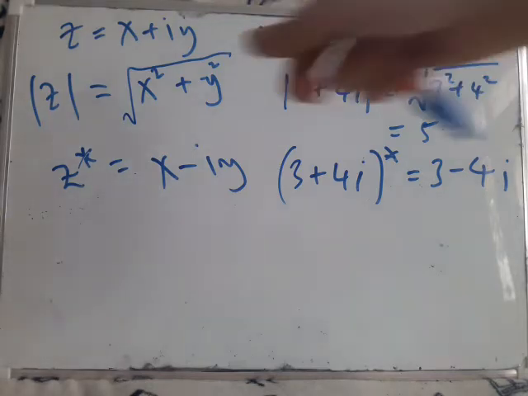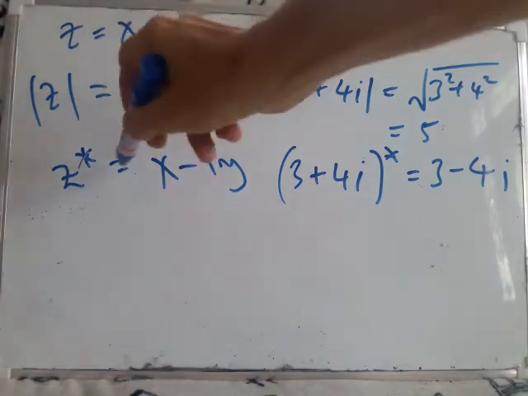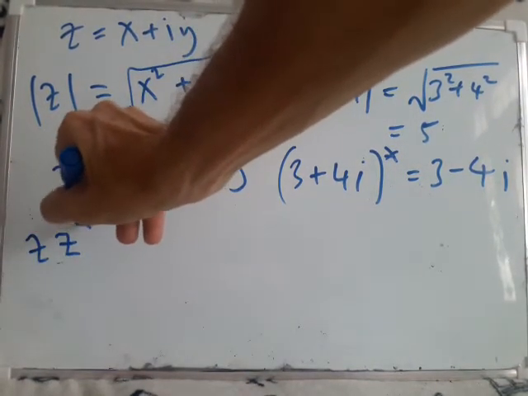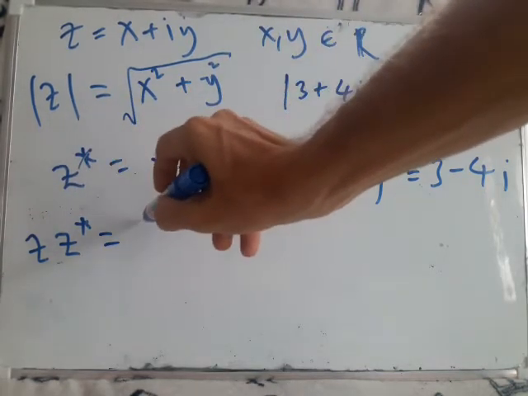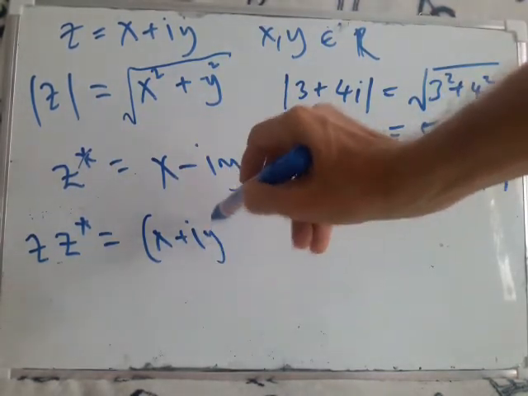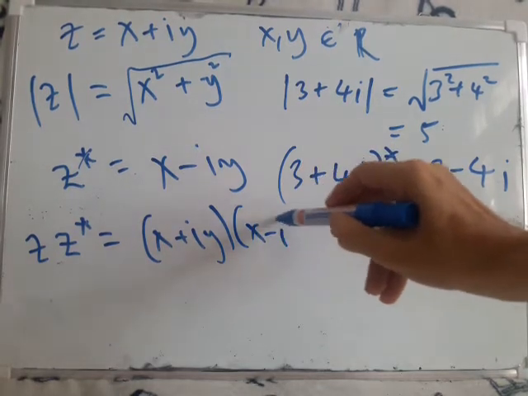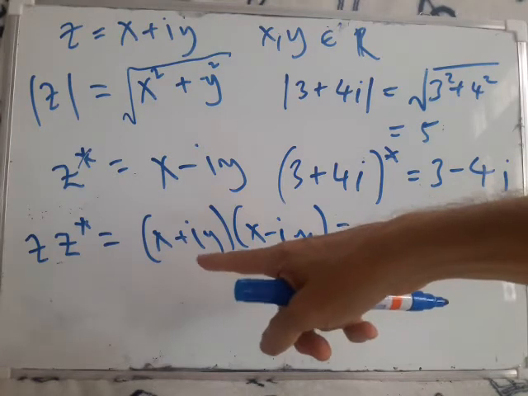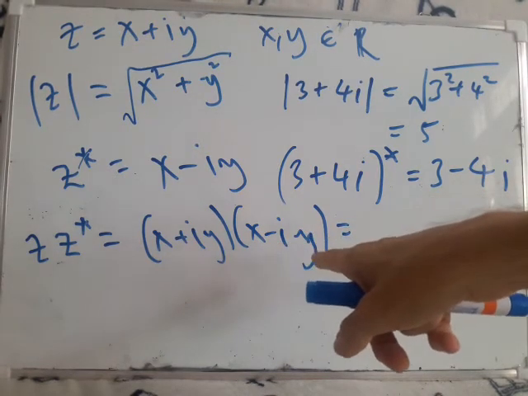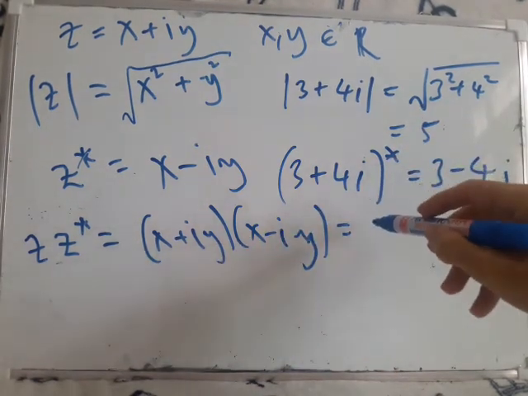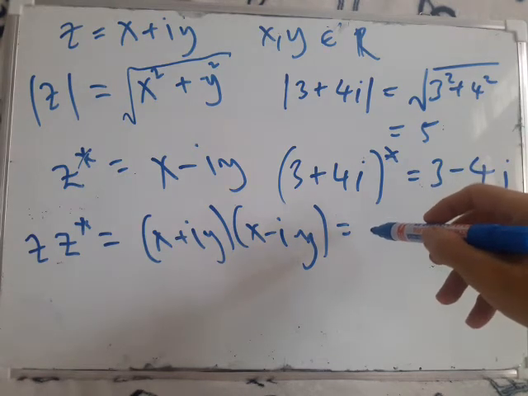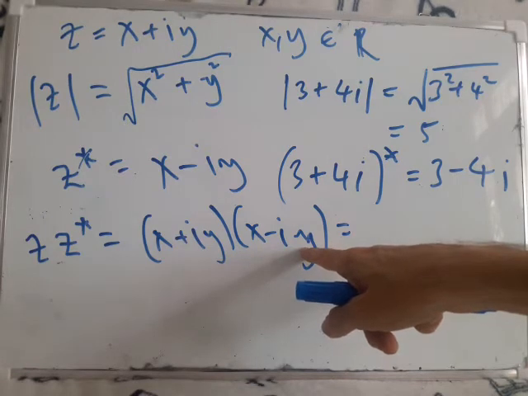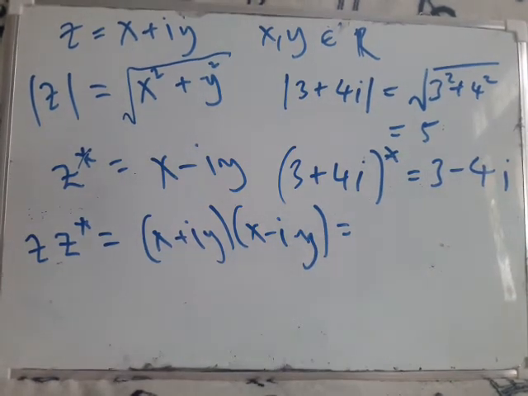So we can combine these results. If we multiply this by this, what happens? We get z times z star is x plus iy times x minus iy. Now, using the a plus b times a minus b formula, we know this is equal to a squared minus b squared, but b squared in this case is iy squared, which is minus y squared.